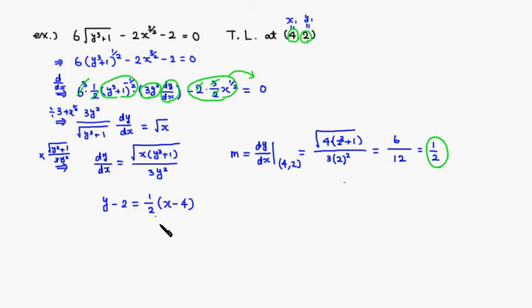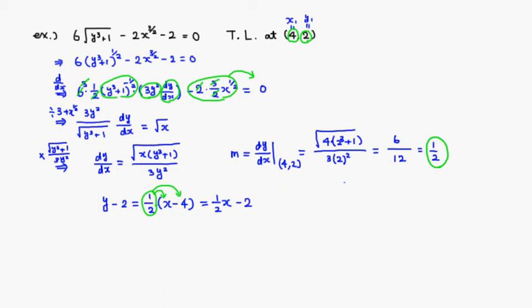If you want to write it in slope-intercept form, we can just distribute the 1/2 to x, which gives 1/2 x, and distribute the 1/2 to negative 4, which gives negative 2.